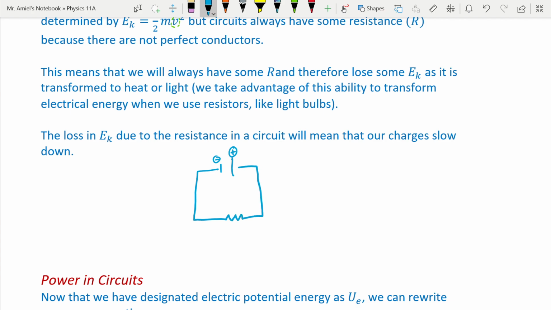Okay, so we've got our voltage, our electric potential difference being created, giving our charges energy here. That energy is allowing these things to move. So these things all have some energy.